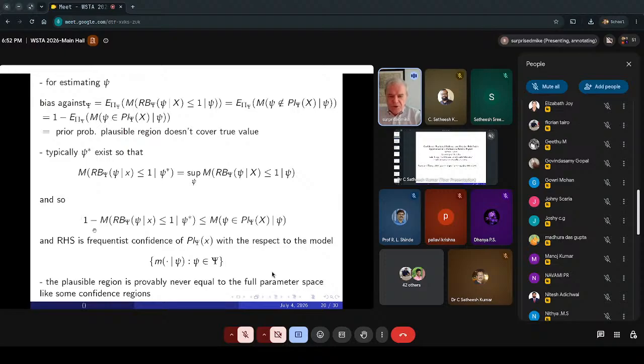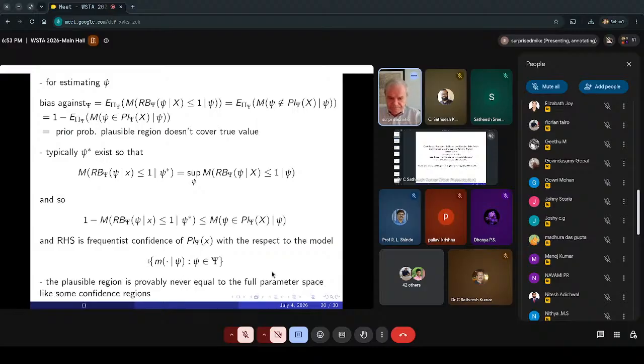So I know that 1 minus that maximum is a lower bound on the coverage probability for the plausible region. This lower bound serves as a true frequentist coverage probability for the plausible region with respect to this model.